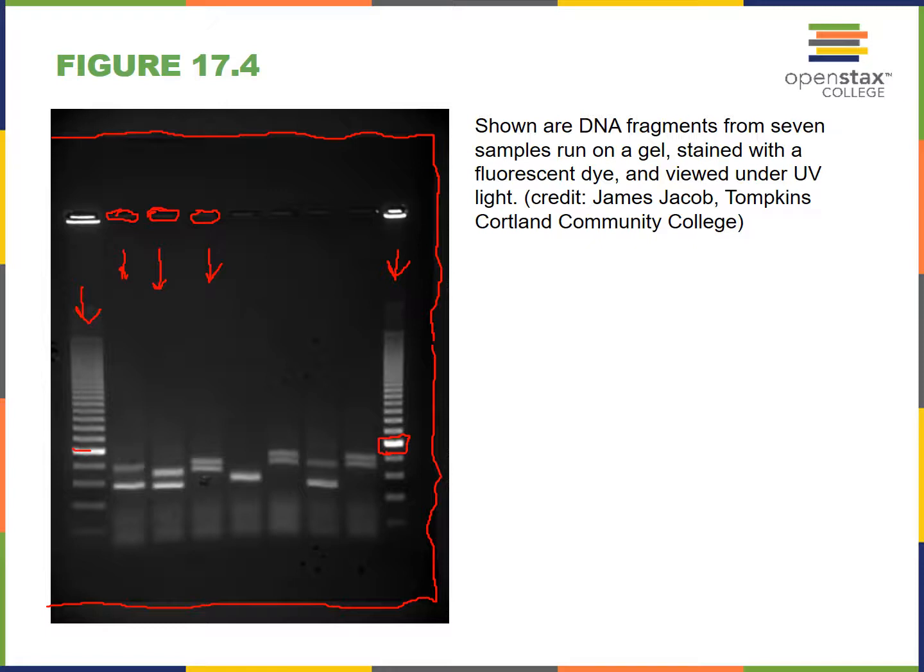And these below would be less than that, like maybe 750, and then 500, and then maybe 200 and 100. These sizes are based on how many bases, how many nucleotides, there are in these fragments.